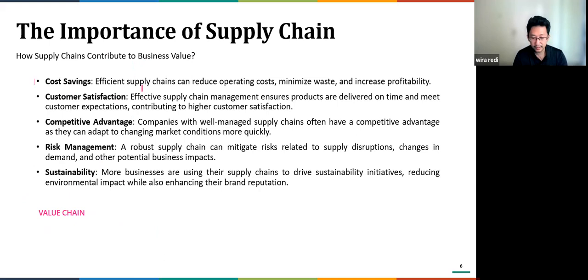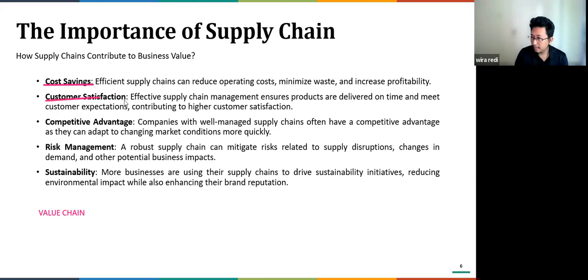Number one is that you can have better cost saving. Most of the supply chain techniques that we learn relate to this: how to be more efficient in terms of operating costs, waste, and increase profitability.